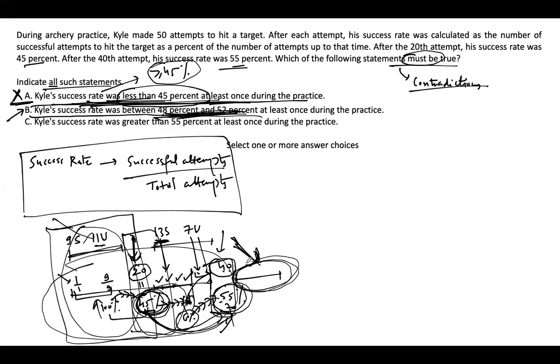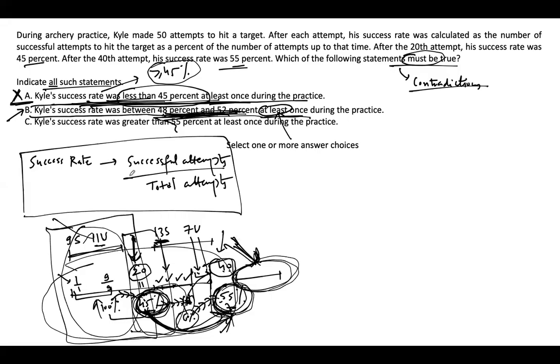Since you said that we need to contradict the statement, I'm trying to find other possibilities. No, once you know from 45 there definitely would have been an increase to 55, at least once that has happened, so we don't need to care if it would happen again or not. It said at least once. After that, it happened or didn't happen, not our concern.